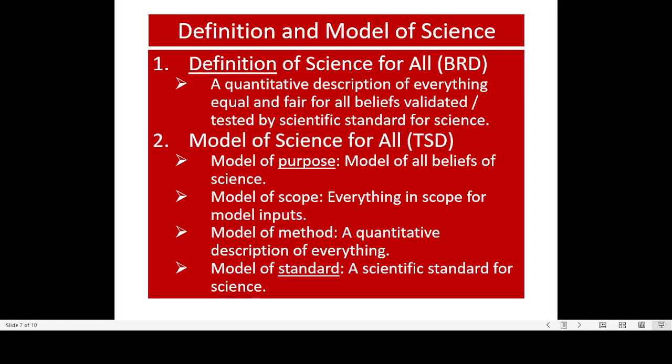Nothing should be excluded. Model of method, that's also simple to describe but difficult to accomplish. It's a quantitative description of everything, not just interactions of nature, but also interactions of humans. Lastly, model of standard. We need to have a scientific standard for science that is itself independent of any political belief.